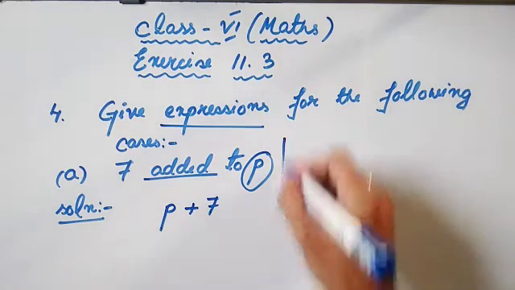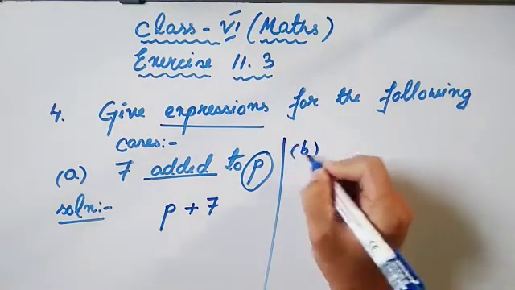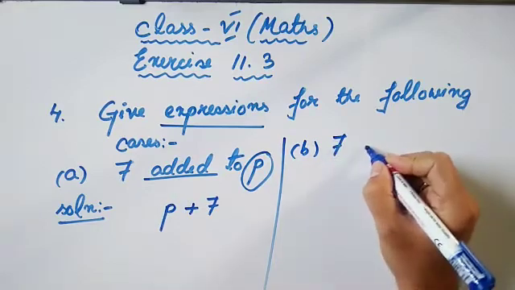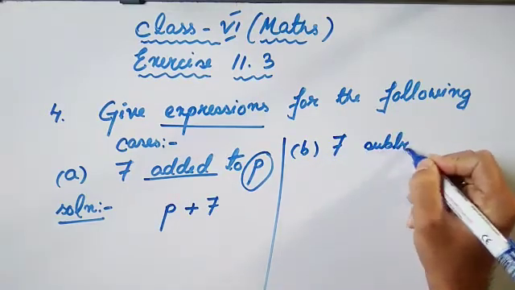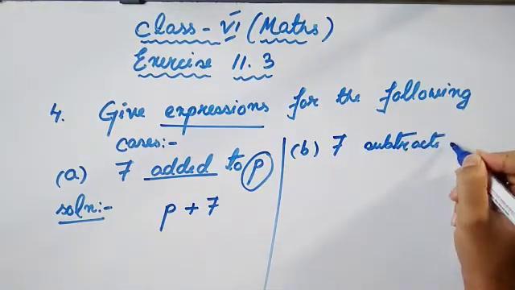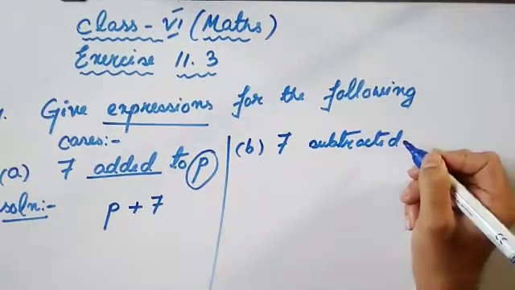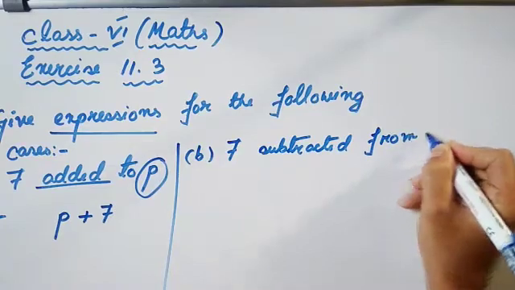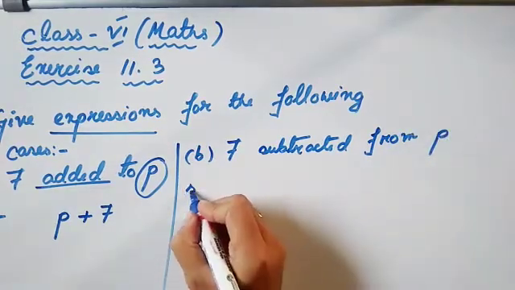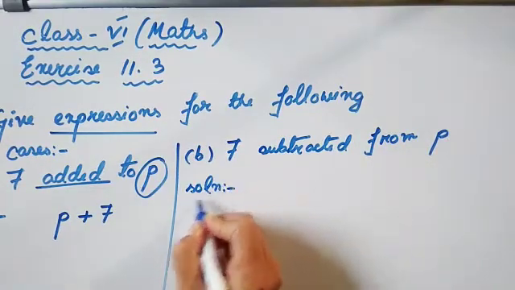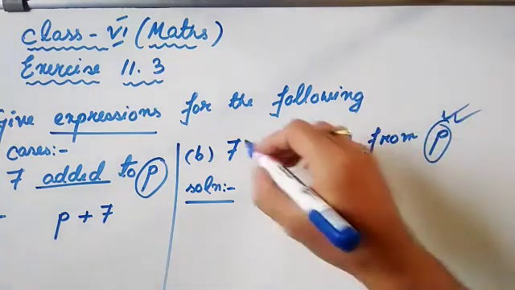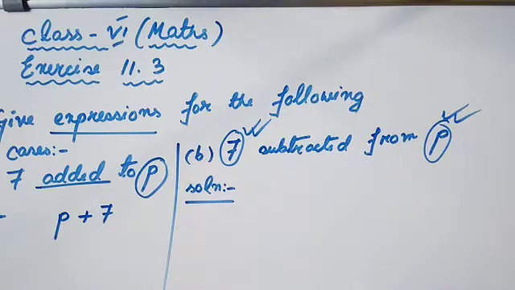Next, let's look at our next question, number B. Question number B says, 7 subtracted from P. So here also, we have a variable P and a number 7.